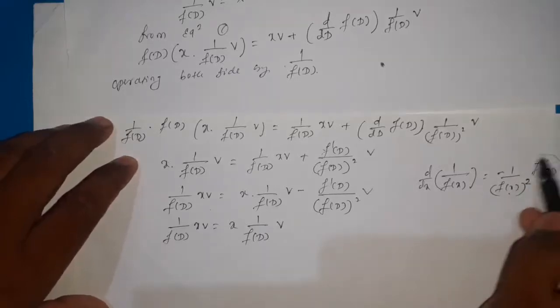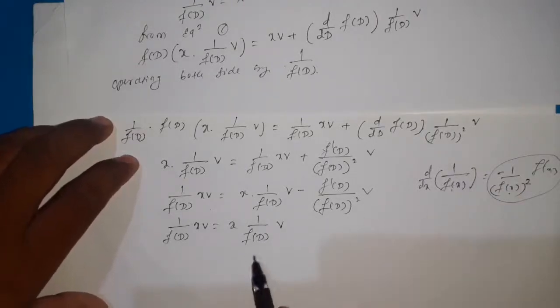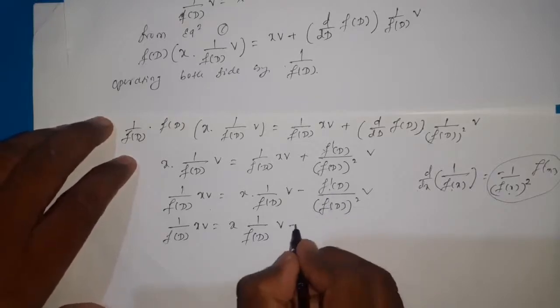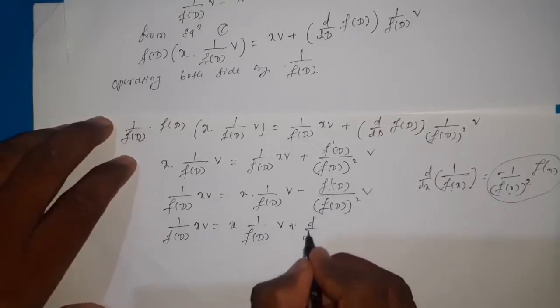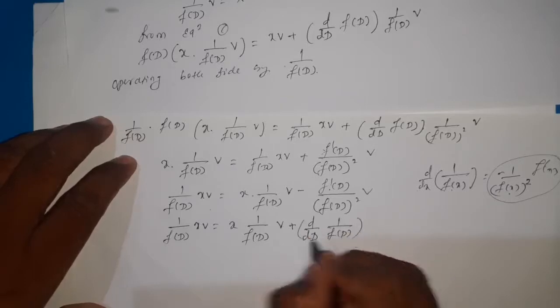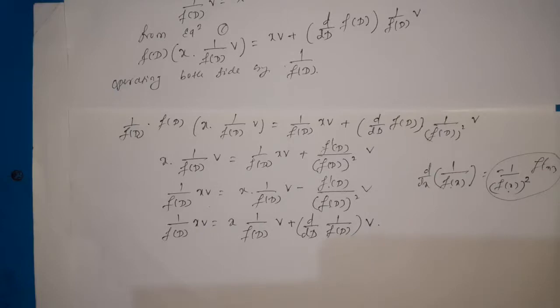So therefore this total can be written as d by dx of 1 by f of x, which is minus f dash of d by f of d whole square, that is the derivative of 1 divided by f of d into v. So this is the particular integral of the form x into v, where v is any function of x.